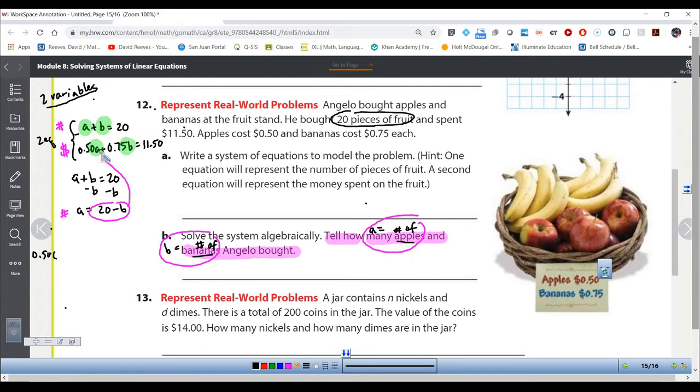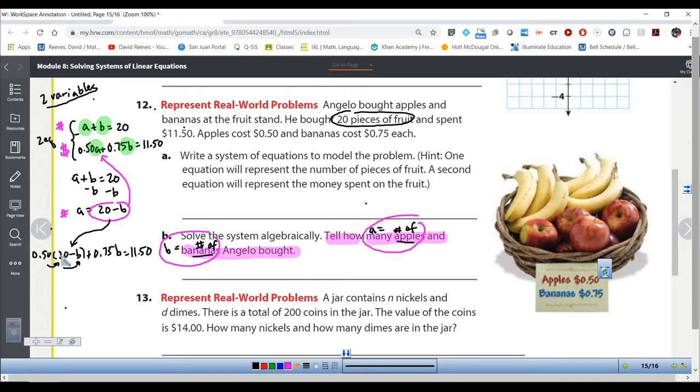But what is the number of apples? The number of apples, it tells us right here, is 20 minus B, plus 0.75 B is going to equal 11.50. So 50 cents for every apple, but we replaced A with what A is equal to right there. So now I'm going to go ahead and distribute there.